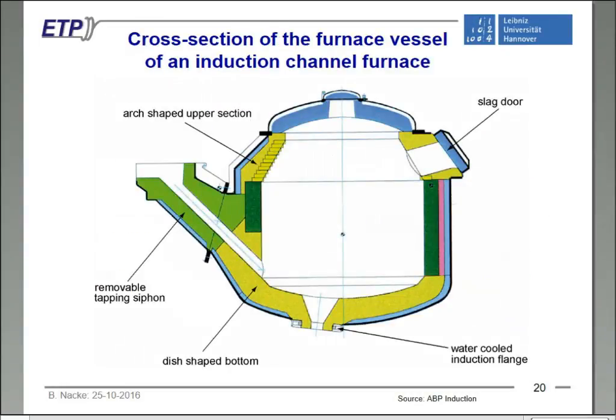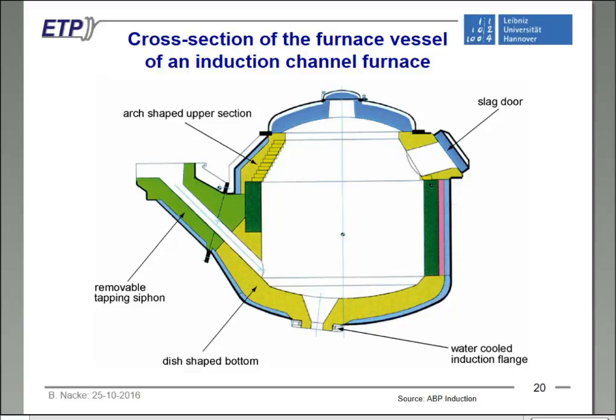I don't want to go too much into detail, but of course the furnace vessel is one main part. If we think about 100 or 150 tons inside such a furnace, this has to be a strong steel frame design, but also the refractory lining inside has to be realized in a good way so that we don't have problems with cracks.